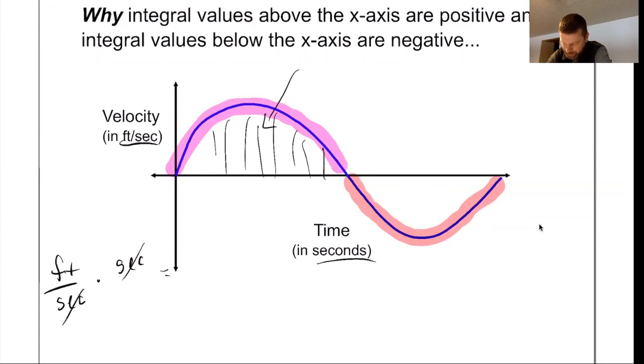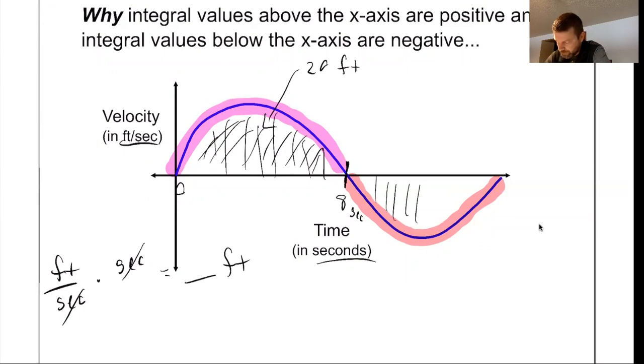I'll have an answer in feet. Let's say this quote unquote area ends up being 20 feet. That means over this time, from time 0 to time, let's call this 8 seconds, over those 8 seconds, I moved 20 feet forward, right?